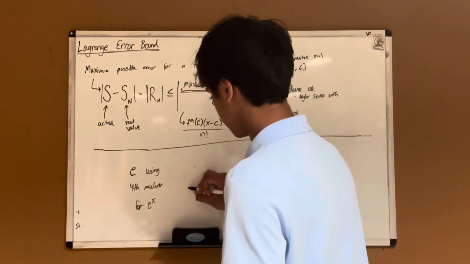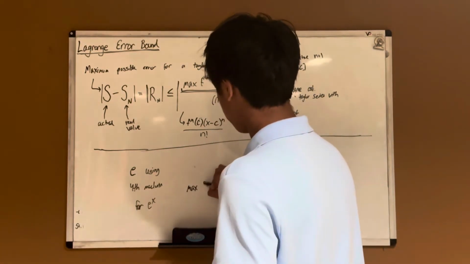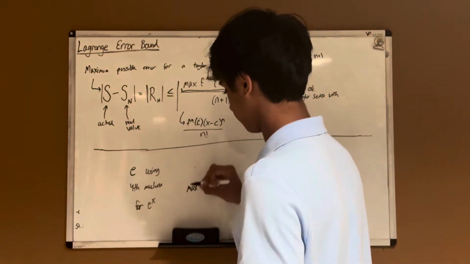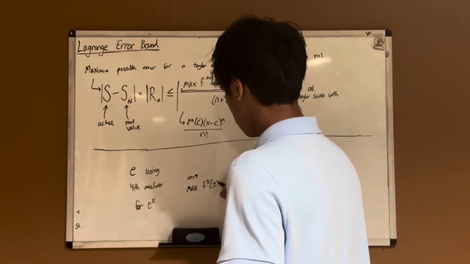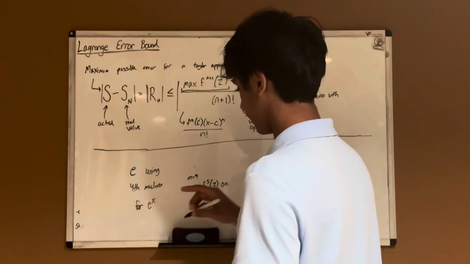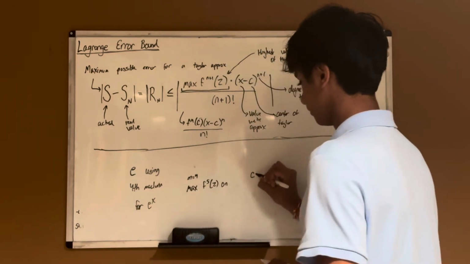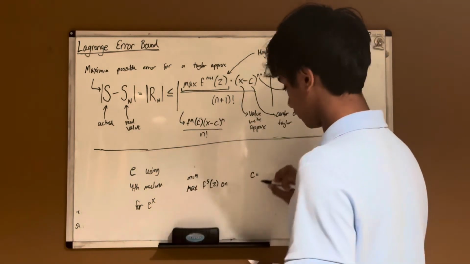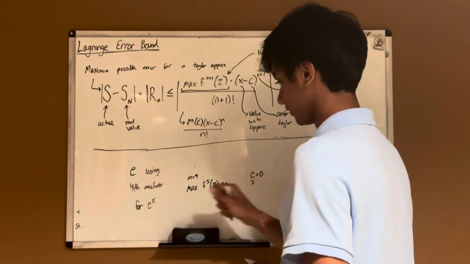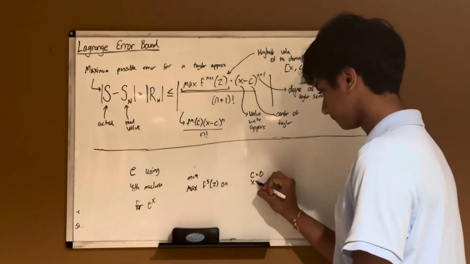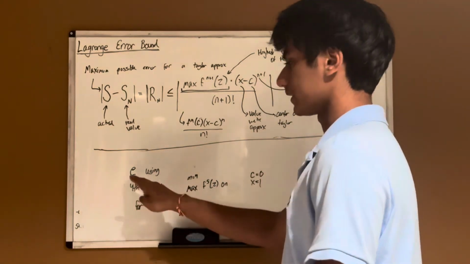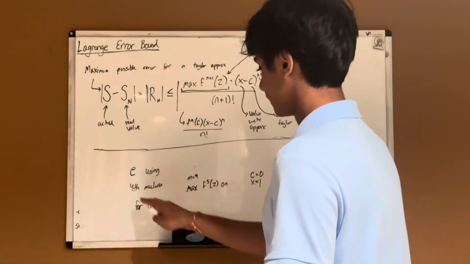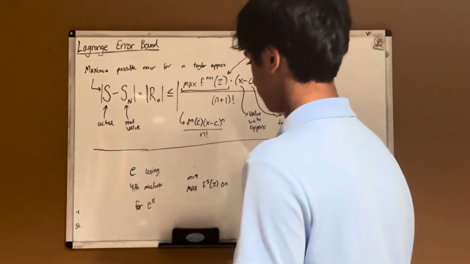So n is 4 in this case, so we need the max fifth derivative. The center c is 0, since it's a Maclaurin series, and x is 1, because we're estimating e, so we're doing e to the power of 1.